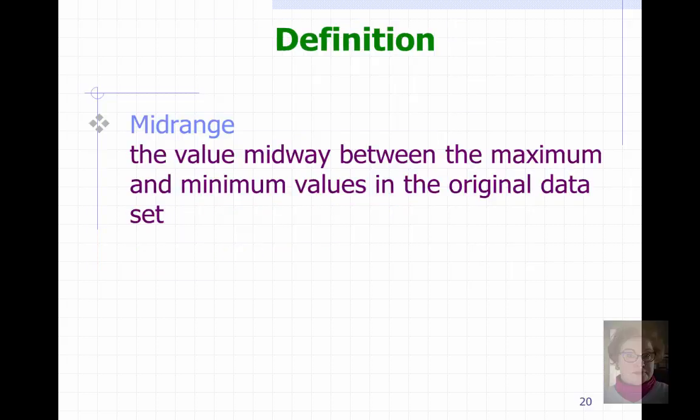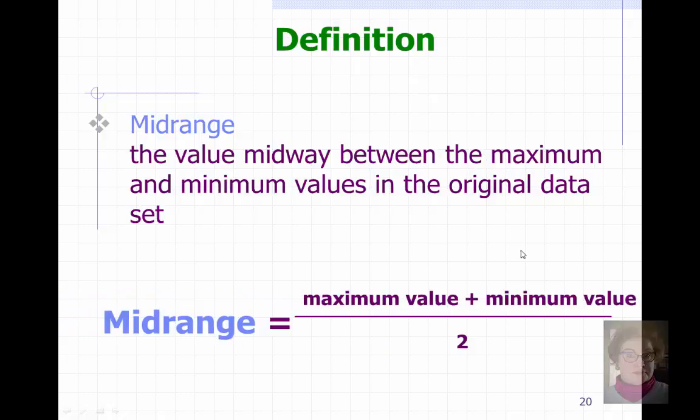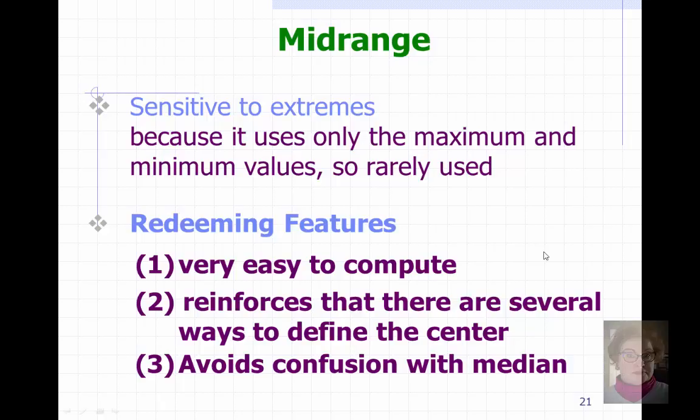Now the mid-range is halfway between the maximum and minimum values, and I will tell you that you don't use that very often at all. So sometimes it's kind of nice to know where it is, but because it only uses the maximum and minimum values, it is very rarely used. So we take the maximum value, add it to the minimum value, divide by 2.